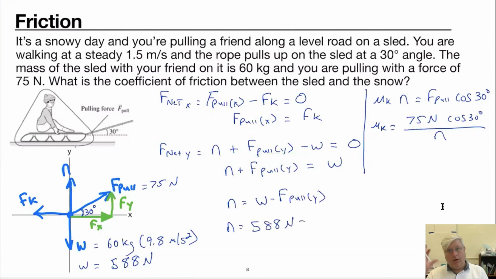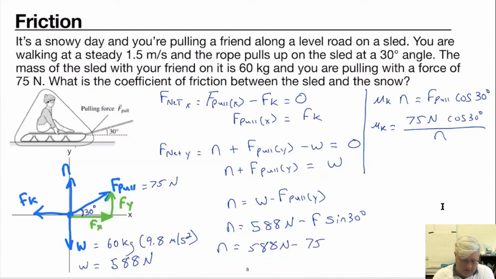The y component of the force of the pull is this guy here. So that's going to be F sine 30 degrees. Okay, so 588 newtons minus 75, and the sine of 30, remember, is 0.5.